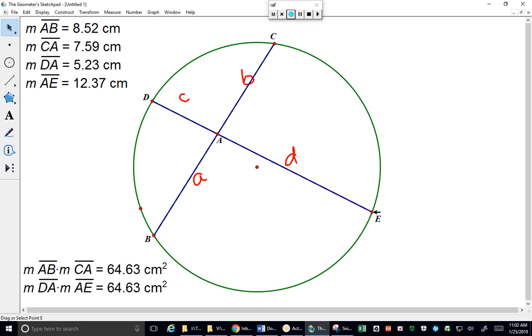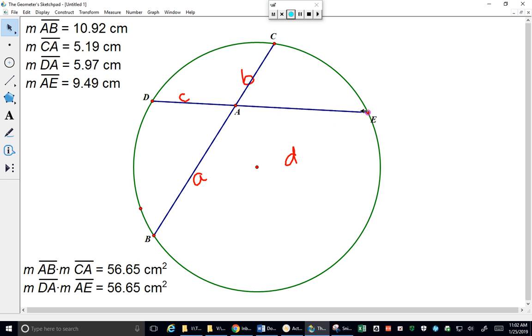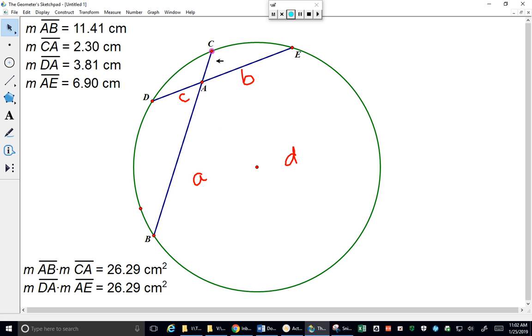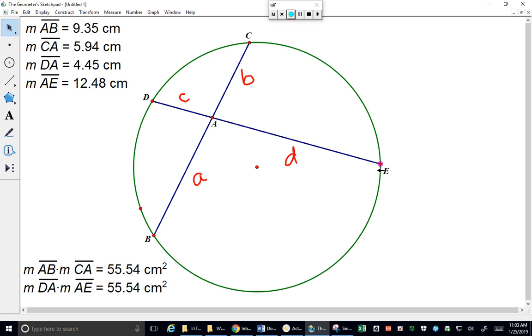So no matter how long they are, when I bisect them, or not bisect, but rather intersect them, if I were to multiply down each chord, this part with that part and this part with that part, they come out to be the same thing.